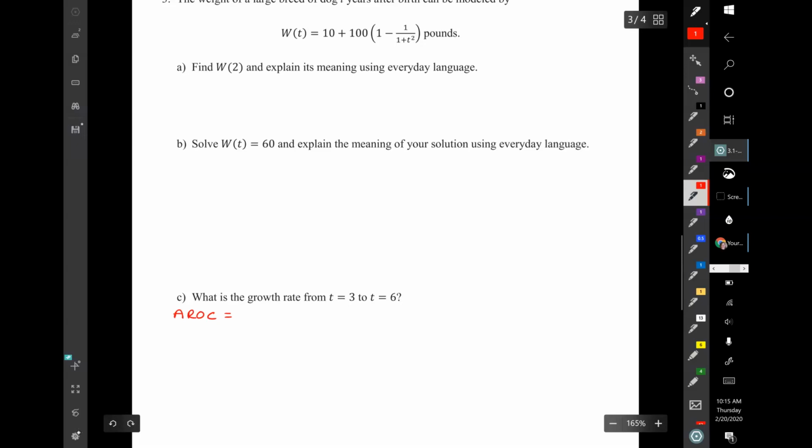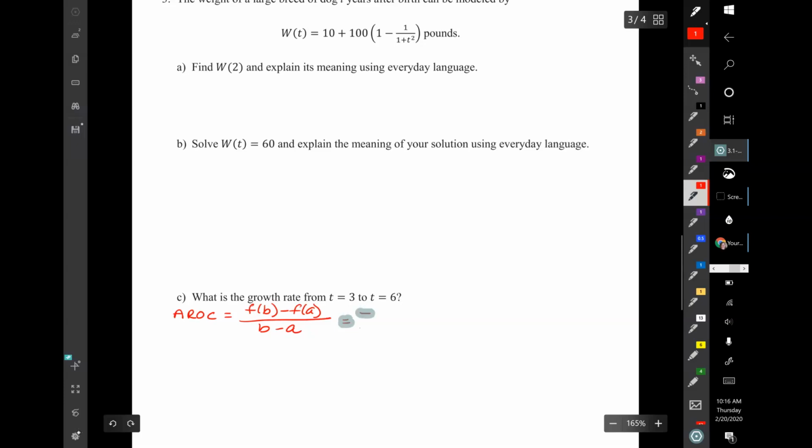And remember, we could do f of b minus f of a over b minus a. So in your case, you're going to find f of, well, it's really w. That's just the generic.